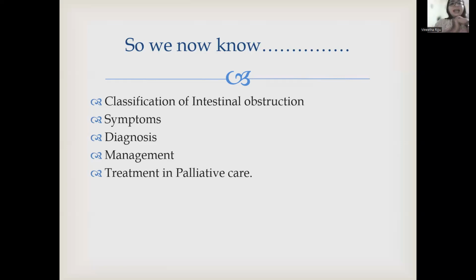And again, how to manage your patients, who to treat conservatively, who to treat aggressively, and treatment in palliative care patients, especially when it comes to terminal patients, where we treat them conservatively, and about Ryle's tube, how to hydrate these patients. All this we have dealt with in a nutshell.